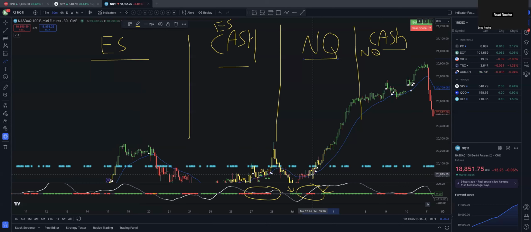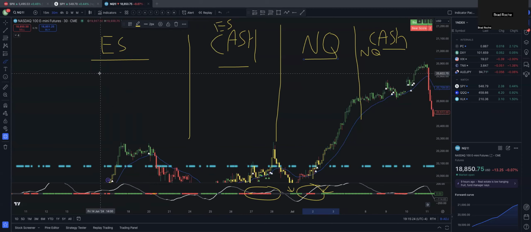Like this move here was from 20,000 up into, so this was 700 points in about, that's a Tuesday to a Monday, so about a week. And so these moves last a lot longer, they're a lot bigger. So here's the difference.